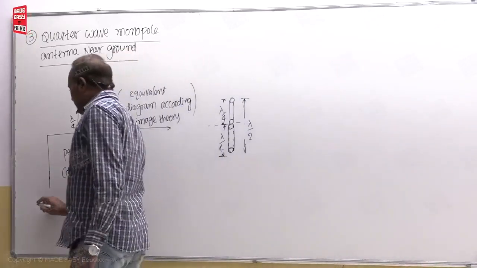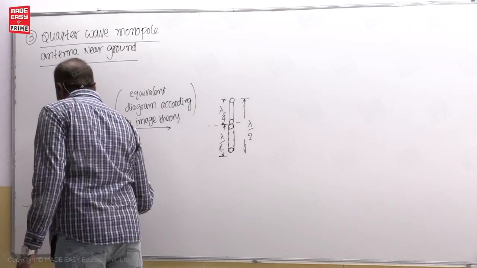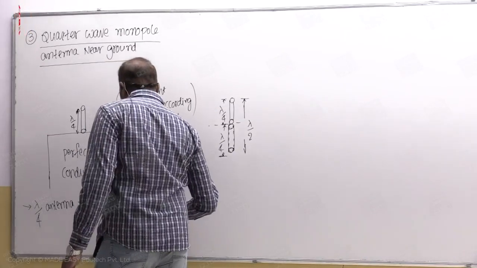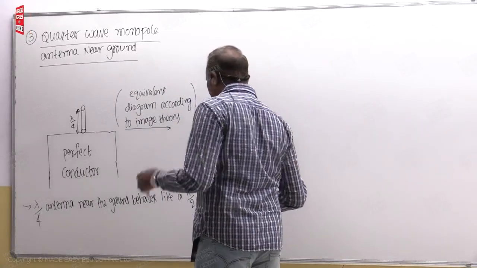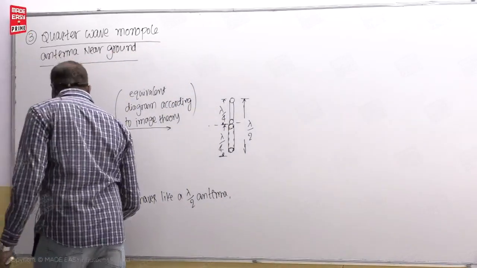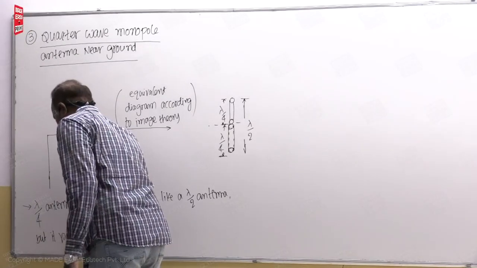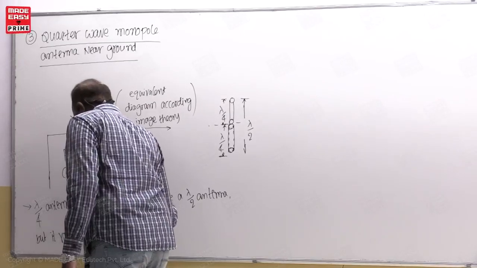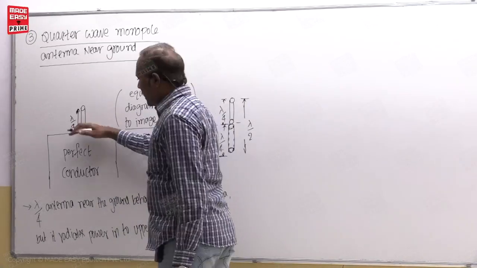So whatever is there for a lambda by 2 antenna, you have to take half of that. So here I am writing: lambda by 4 antenna near the ground behaves like a lambda by 2 antenna, but it radiates power into the upper hemisphere, because on the bottom side the conductor is there.